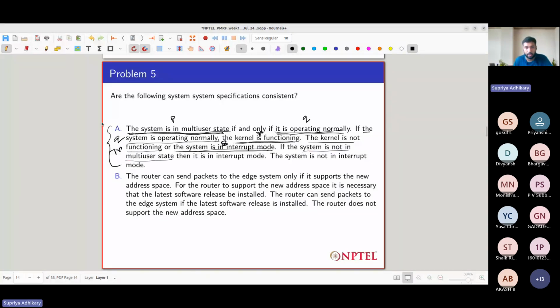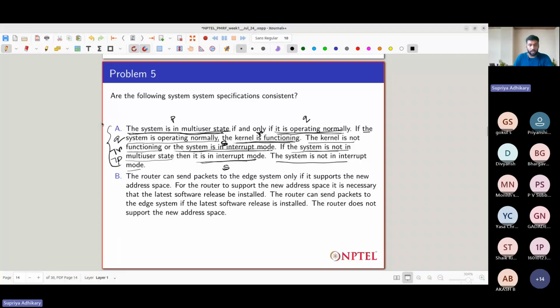If the system is not in the multi-user state, multi-user state was P, so this should be negation of P. Then it is in the interrupt mode. And finally, the system is not in the interrupt mode. So that is not S.